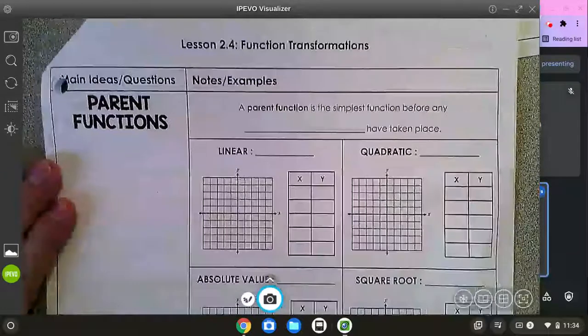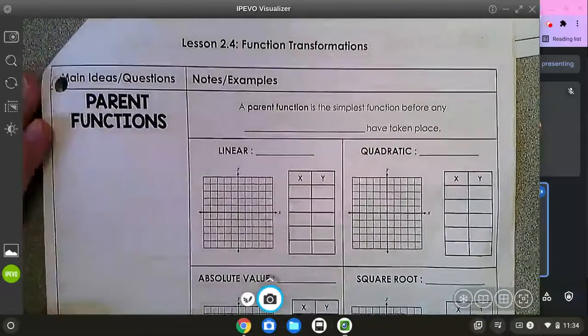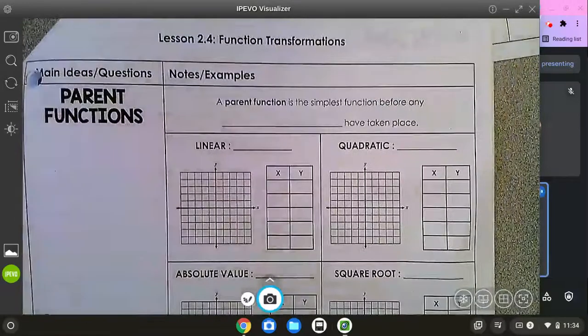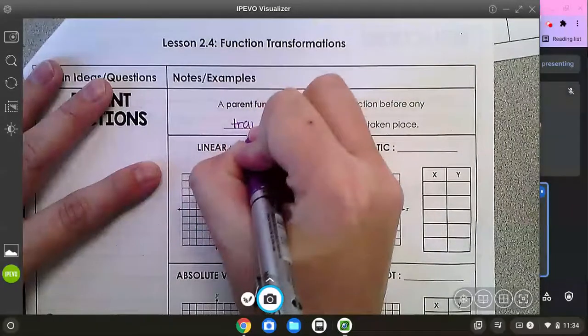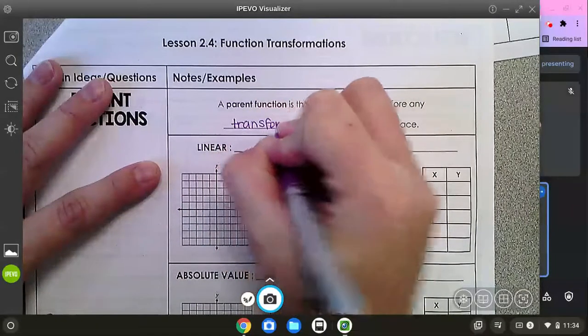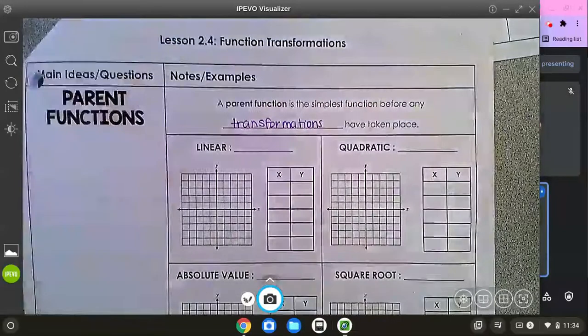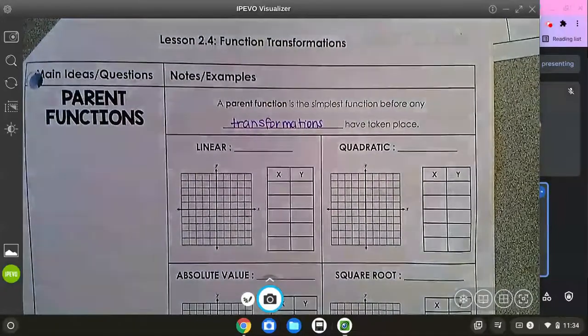All right, lesson 2.4. Before we can talk about transformations, we need to know about what are called parent functions. A parent function is just the simplest function before any transformations have taken place, so just the original function.